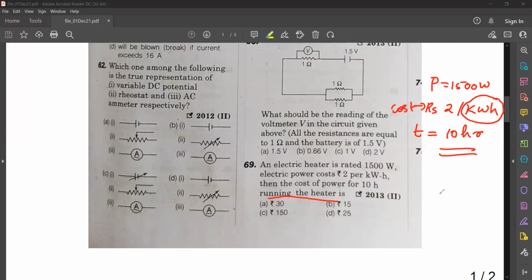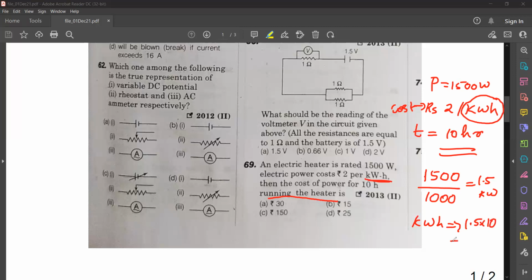So how would you do? To convert into kilowatt hour, power is given in watt. So 1500 divided by 1000, that is 1.5 kilowatt. Now kilowatt hour means you multiply this kilowatt into hour.